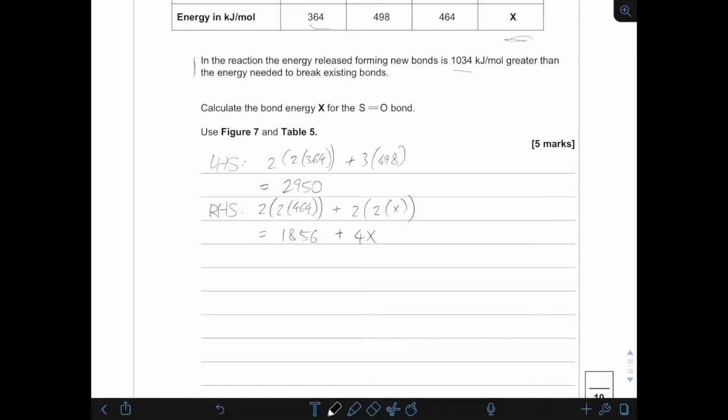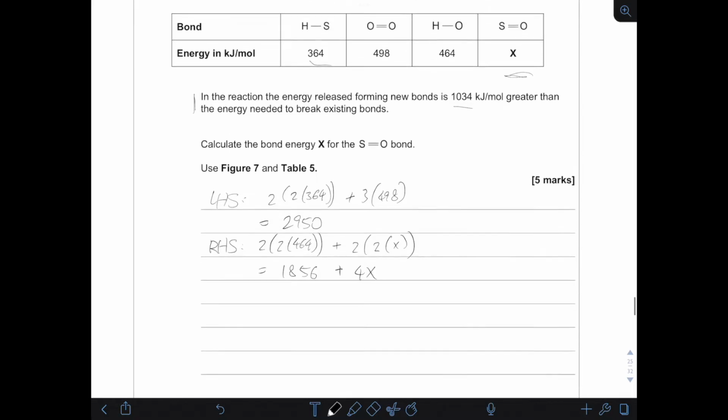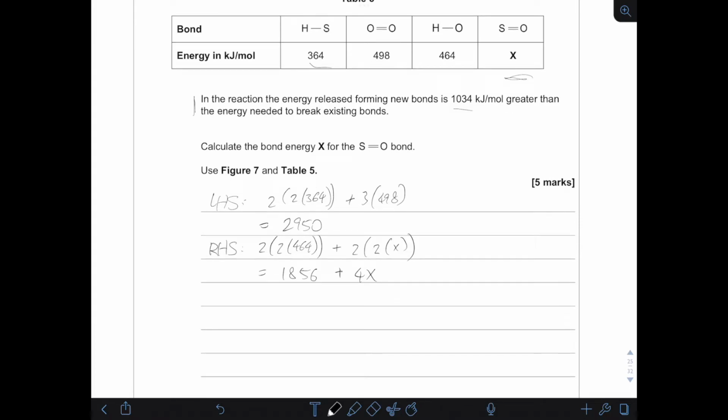And we know that these are negative numbers, the energy released from forming the bond, which is fairly confusing, to be honest.